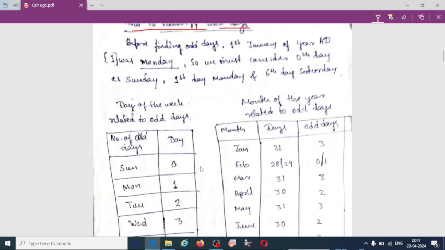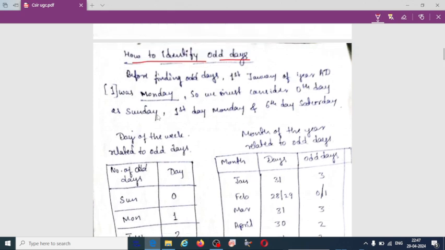There are some tricks you can apply to identify odd days. Before finding odd days, we consider that the 1st January of the year after Christ is Monday.